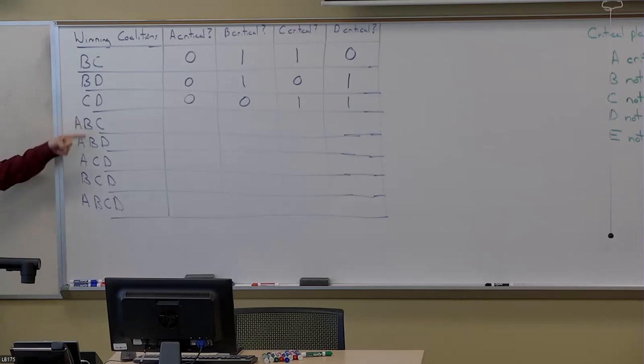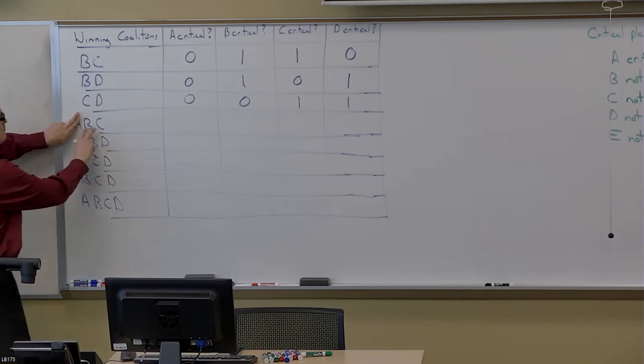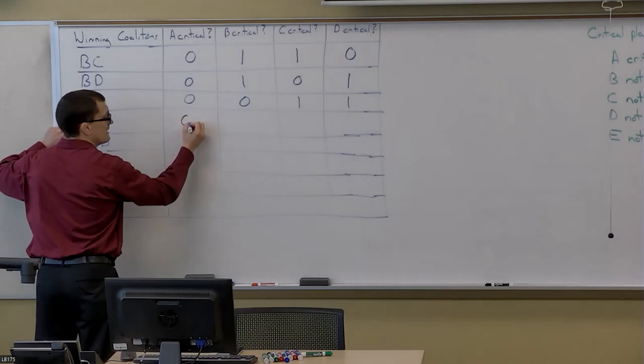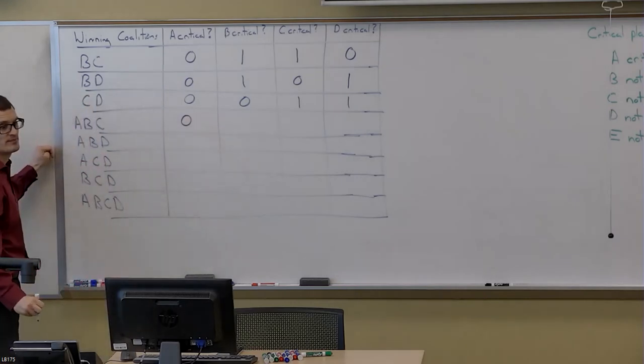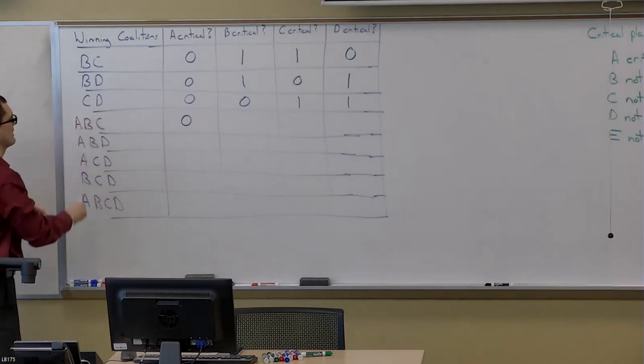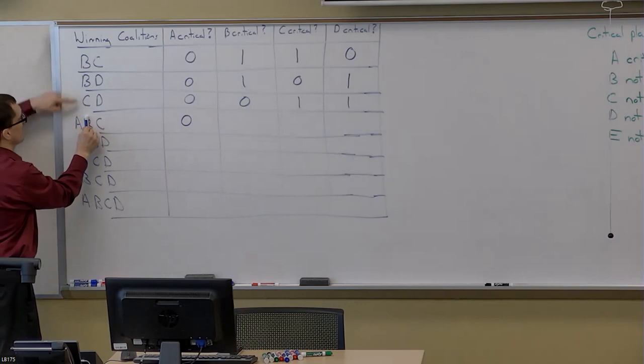All right, A, B, C. If I drop A, B, C still wins. A, therefore, is not critical. If I drop B, AC does not win. And all I'm doing is dropping B and asking, is AC a winning coalition?